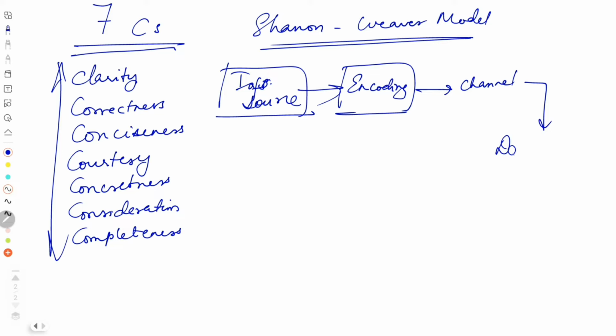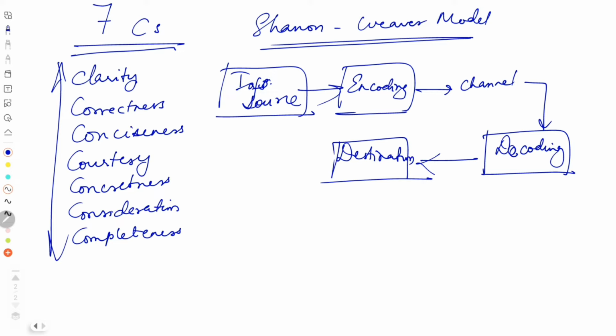At the destination, the first thing it encounters is a decoding process, and after decoding only, it reaches the actual destination to be understood. The destination gives back feedback to the information source, and in the channel, during the encoding as well as the decoding process, the message will have a lot of noise added. So that is the Shannon Weaver model of communication that you should know.